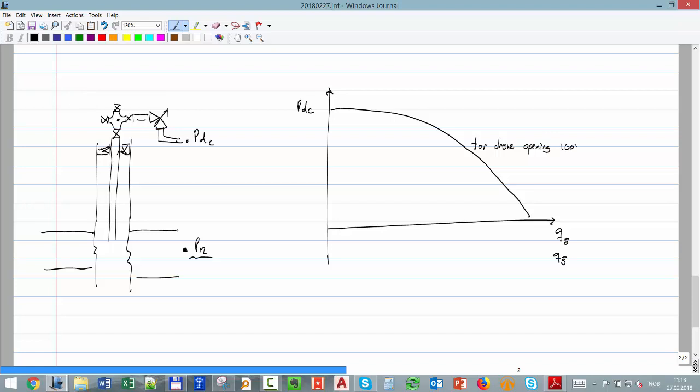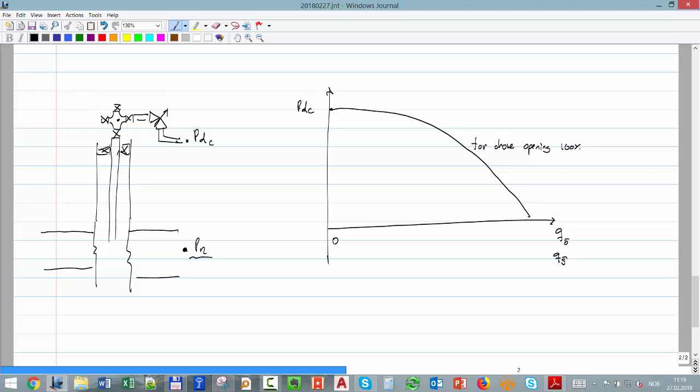is 100%. Okay, what happens if I now close the choke to 80%? How will the curve look? First I ask you, if I have no flow, the starting point, does it change or not? This is for flow equals 0.